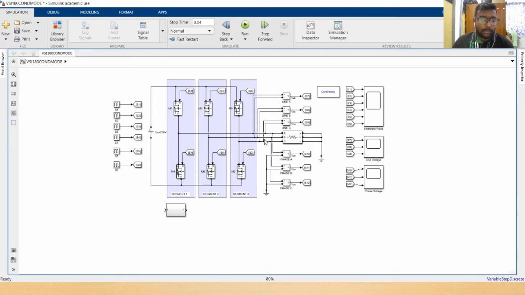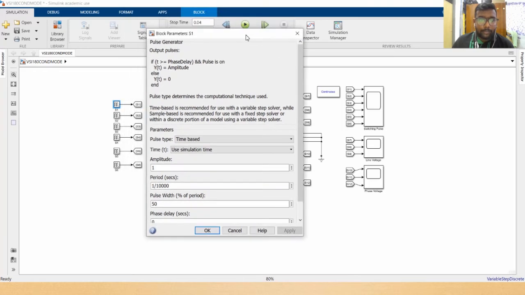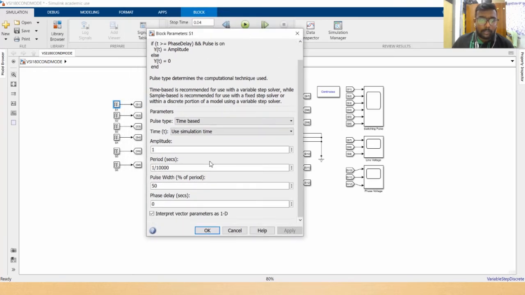The MOSFET transistors are fed with a PWM signal with a 60 degree phase delay between each switching signal from M1 to M6 to be conducted in 180 degree mode. This is the parameter for the pulse generator. The period that we set is 1 over 10,000, so the frequency of this signal is 10 kilohertz.